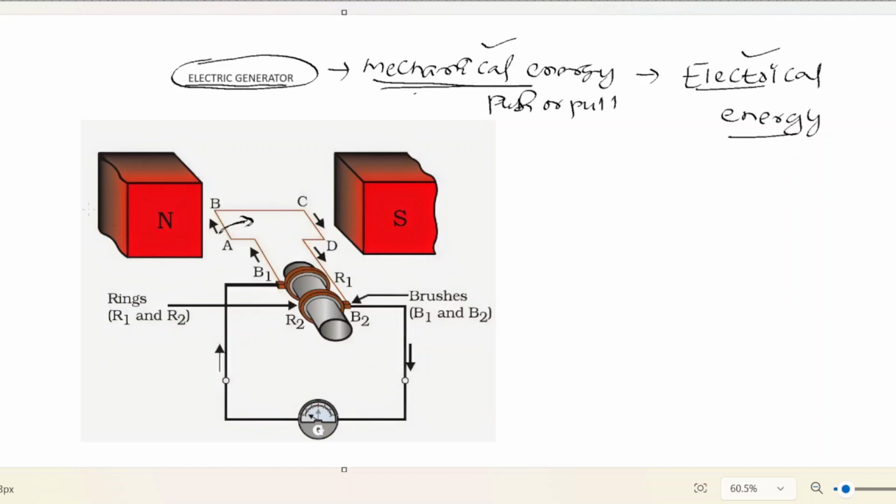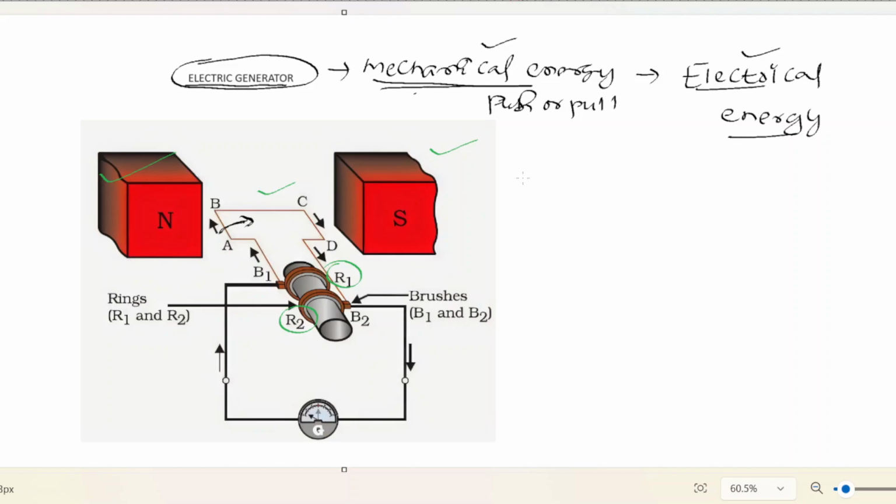Now let us tabulate what is present here. There is a magnet with a north pole as well as a south pole, there is a rectangular coil, and there are two full rings, not split rings. R1 and R2 are the full rings.